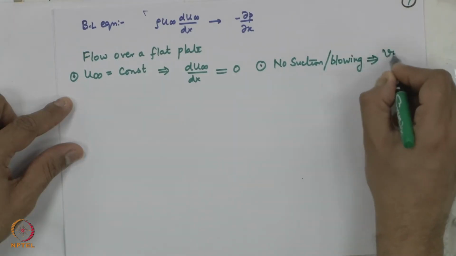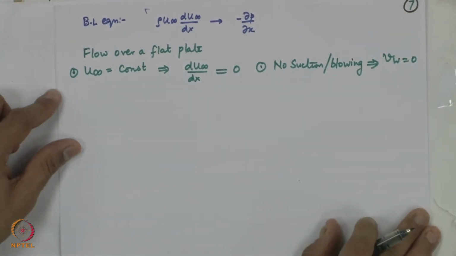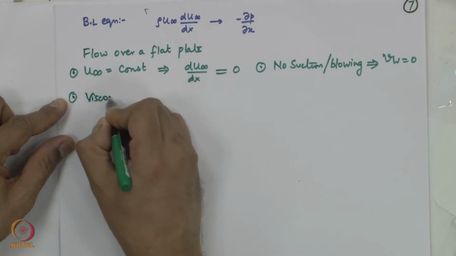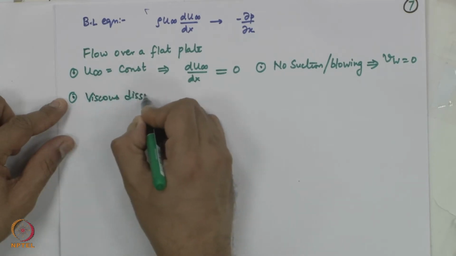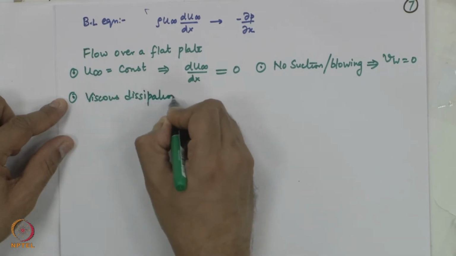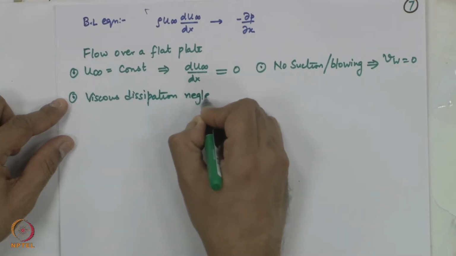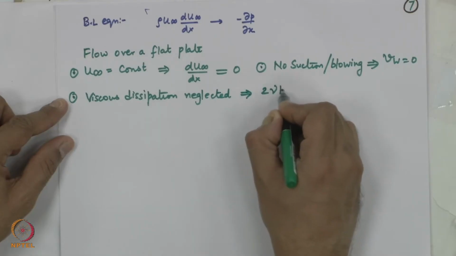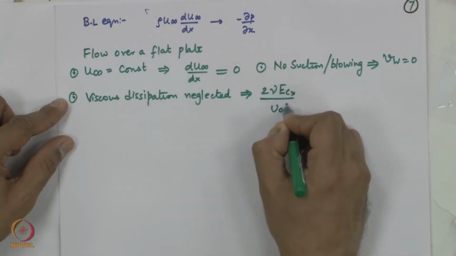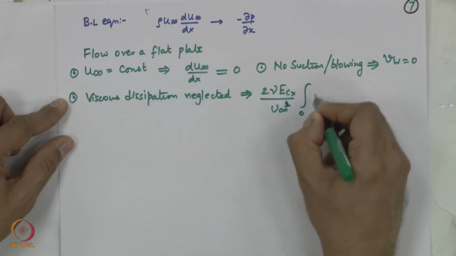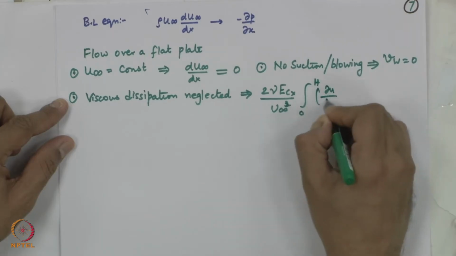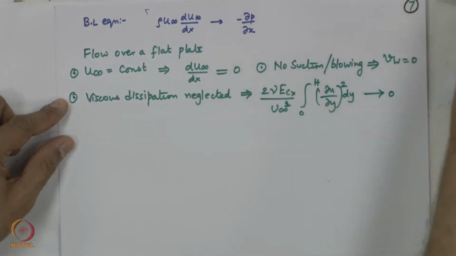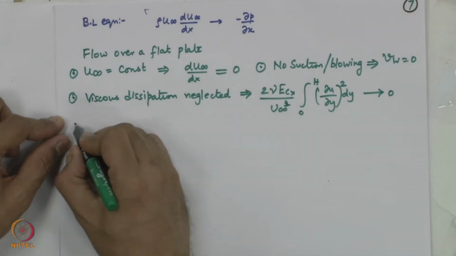This means Vw equal to 0. Third assumption, viscous dissipation neglected, implies 2 nu Eckert number by u infinity cubed times this is small, it can be neglected.